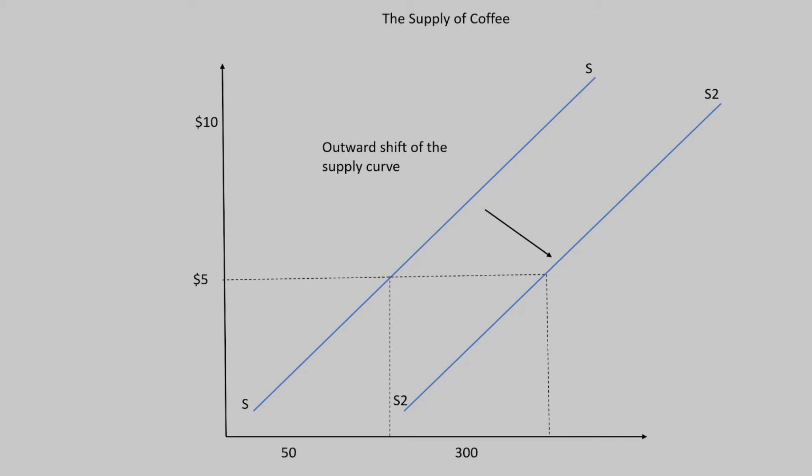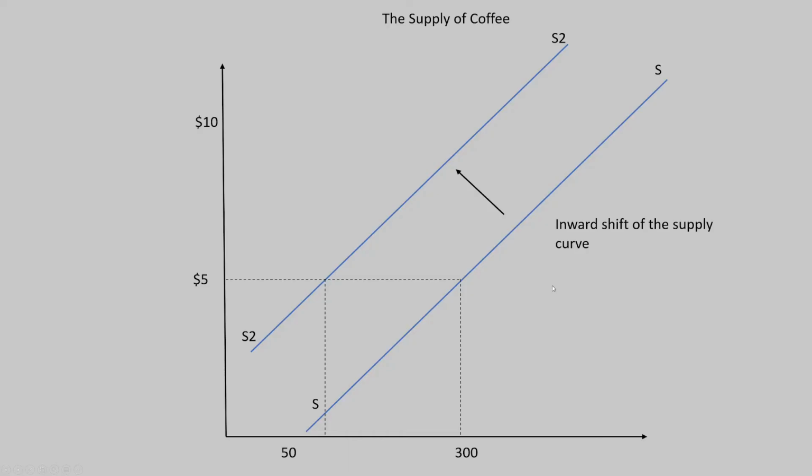That means we'll be willing to provide more coffee at any given price. Doesn't matter what the price was, we do know that there'll just be more coffee. And you can have a range of other things. Maybe it was a fertilizer that made our crops more efficient. Any of those factors will help us push an outward shift of the supply curve.